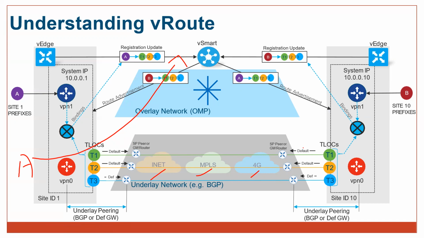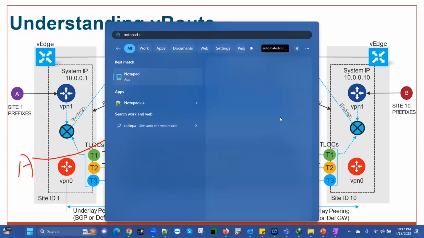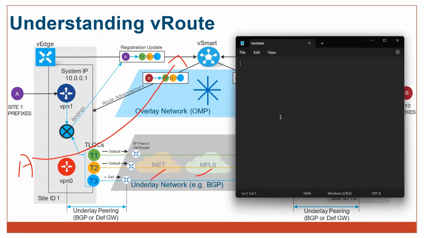So for that very reason, if you go and check, we are going to the VPN 0 interface. Over VPN 0, we are going to some interface, for example interface Gig 0.